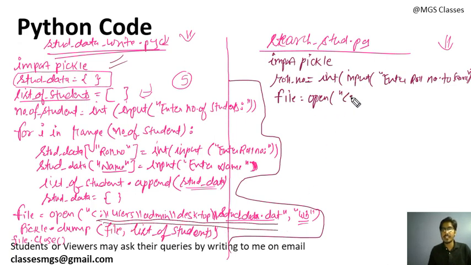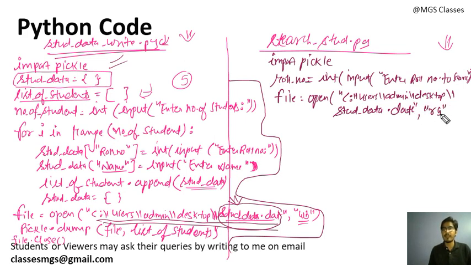So you will write C, let's suppose users, then admin, then desktop, then the file name, let's suppose stud. This should be the same as what we used at store time, because this file contains the list of students, stud_data.dat, and then you will open it in read binary mode this time. Previously it was write binary mode.